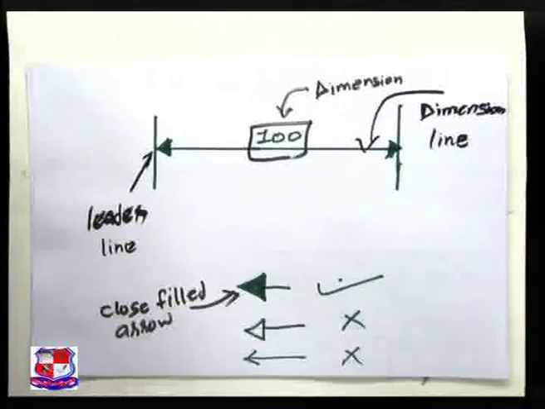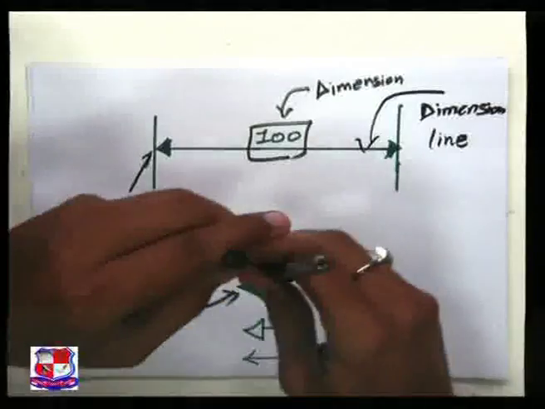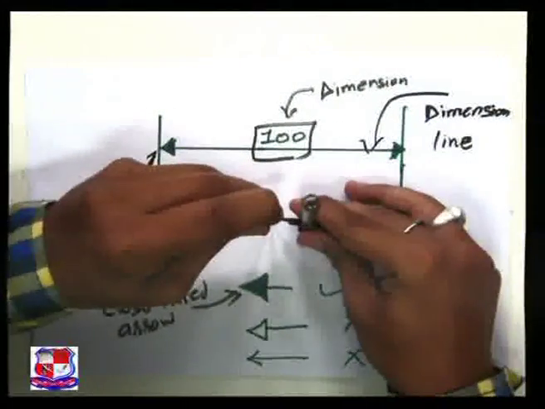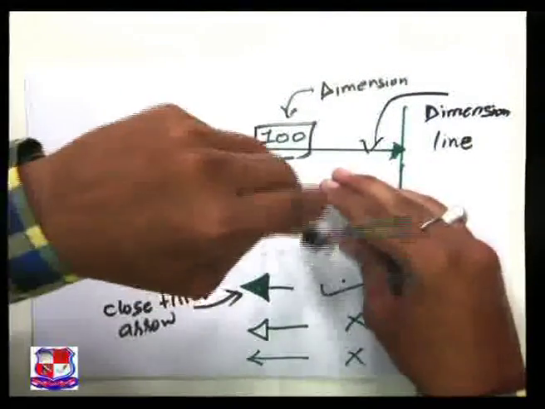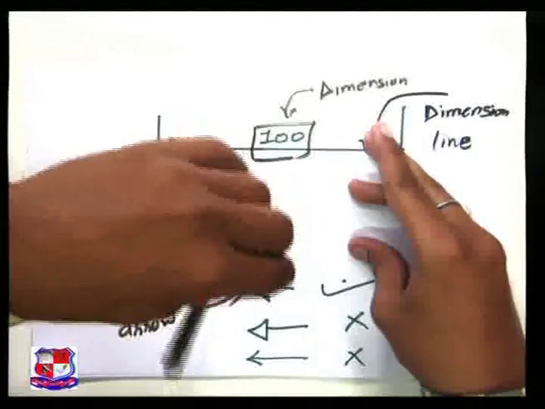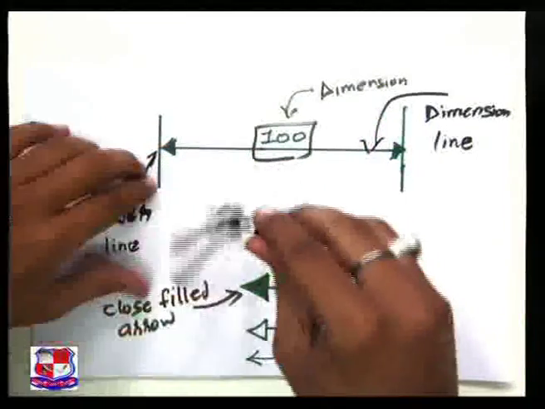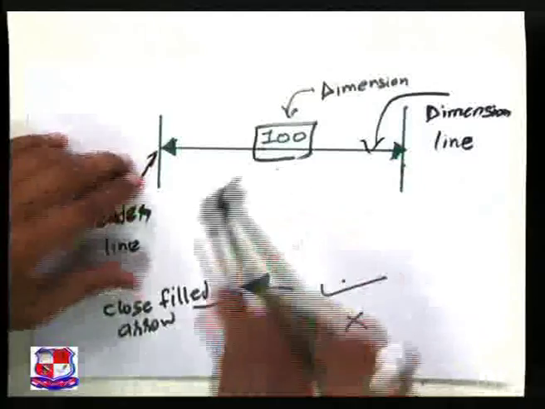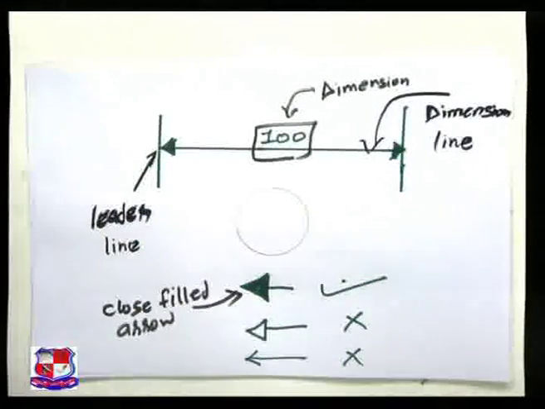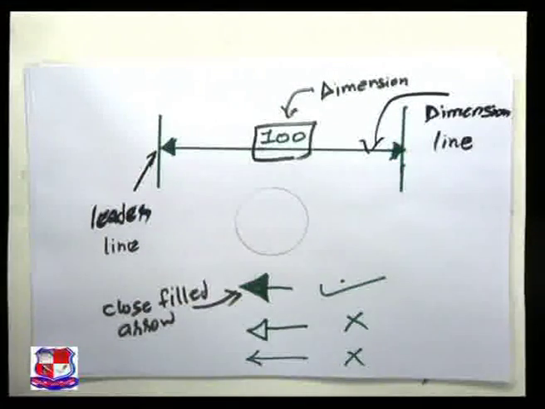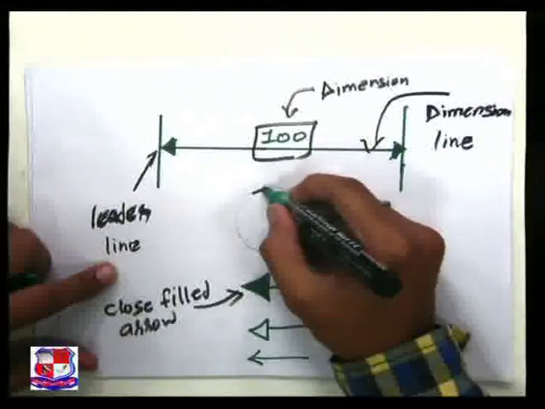Now what if we need to draw the dimension for a circle? Let's say I need to give the dimension for this circle, then what can I do?